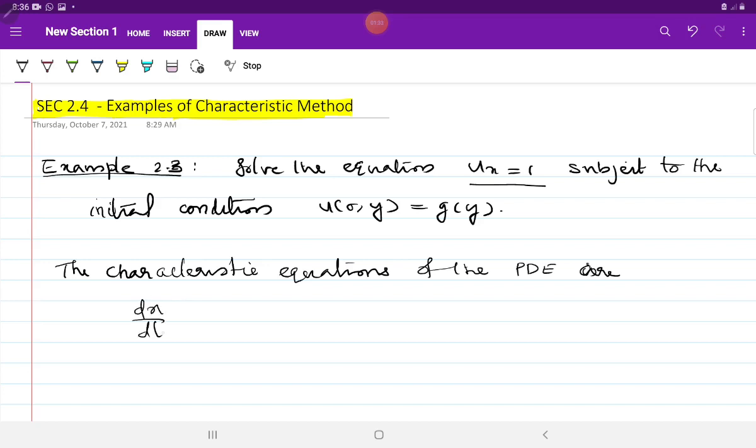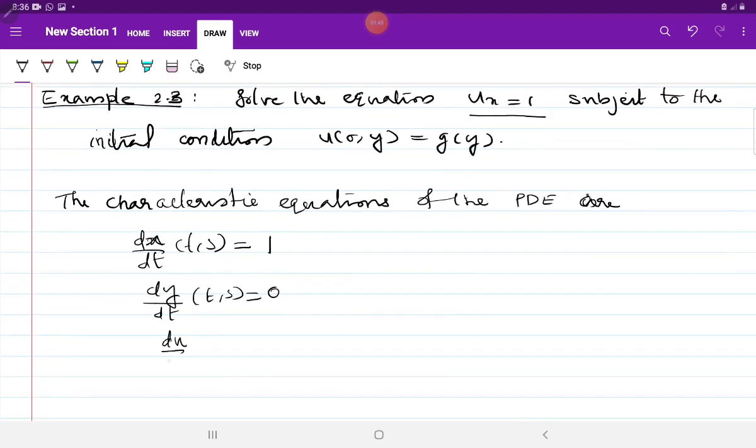Therefore dx/dt of (t, s) equal to a, that is 1. dy/dt of (t, s): since there is no u_y term, this will be 0, and du/dt of (t, s) is equal to 1. So these are the characteristic equations. Let this be number 1, sorry, this will be number 1 and this will be number 2.